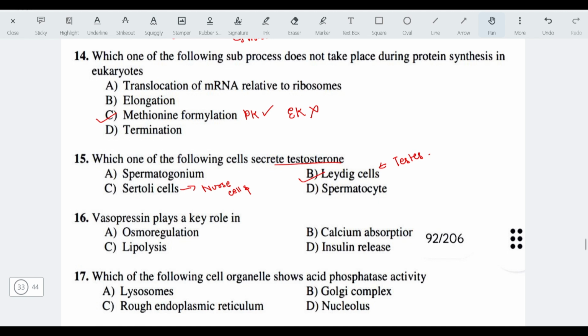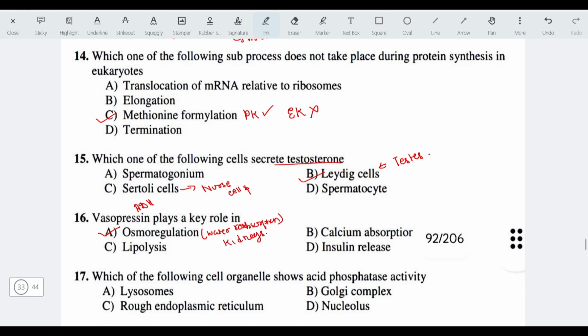Next question: vasopressin plays a key role in? The correct answer is osmoregulation. This hormone, also known as ADH, antidiuretic hormone, regulates water reabsorption, where? In kidneys.